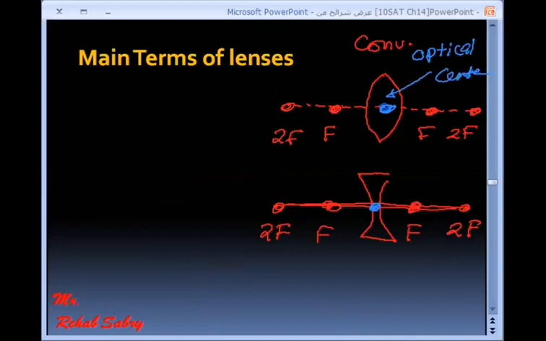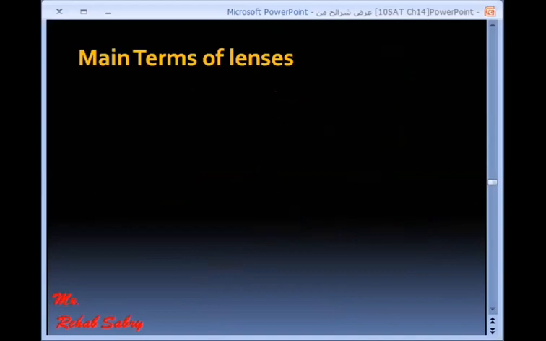That leads us to talk about the main terms of the lens. First of all, as we agreed to do in mirrors, we will agree together when we want to draw any case or any ray diagram of the lens. We will do the following.